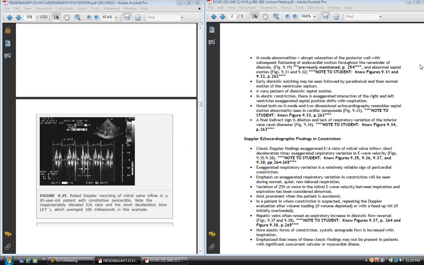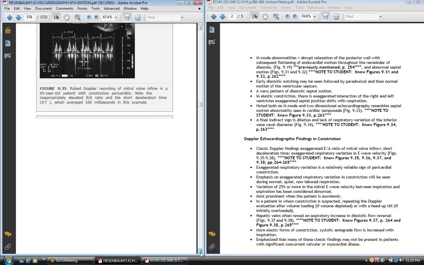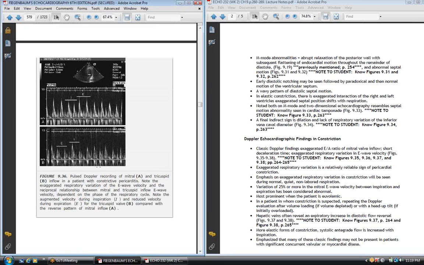Let's go look at 36. Number 36. You have a mitral on top, tricuspid on bottom, inflow with restrictive pericarditis or constrictive pericarditis. You have exaggerated respiratory variation of the E-wave velocity and the reciprocal relationship between the mitral and tricuspid flow.